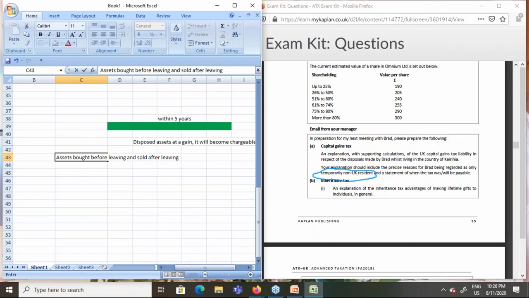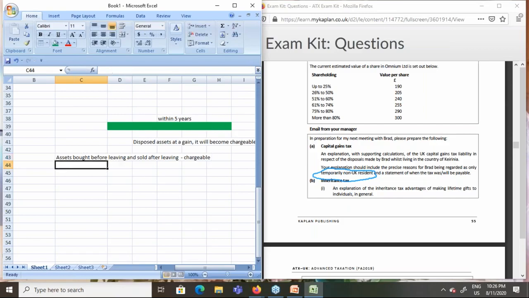That means there's an asset that you have bought before you left the country, and then you sold it while you were absent from the UK, then that asset will become chargeable. That asset will become chargeable once you return to the country.